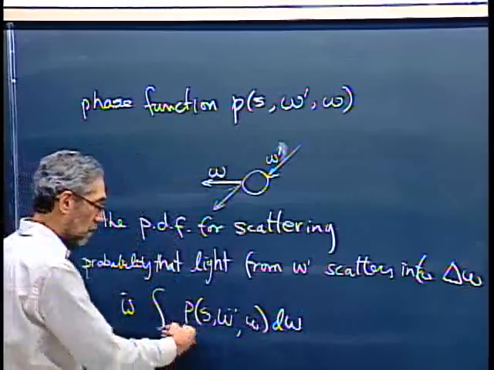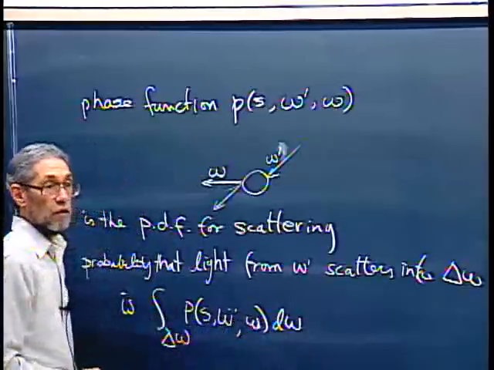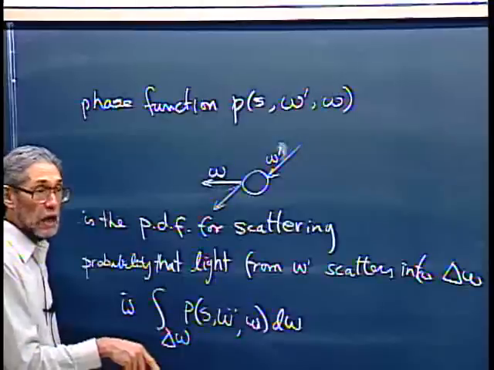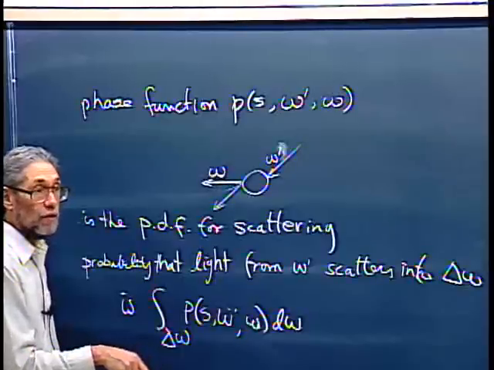It's basically a distribution function, just like the scattering off of a surface. It's the analog of the BRDF of the surface.